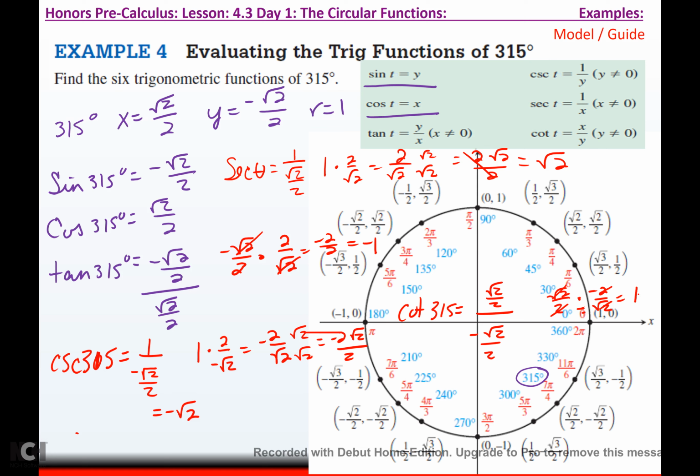Right? Hold on, should be negative. X divided by y. Yeah, negative. Positive times a negative is a negative. Yeah, I put 2 negatives. That's only 1 negative. Negative 1. Alright, so there's all the 6 for 315 degrees.